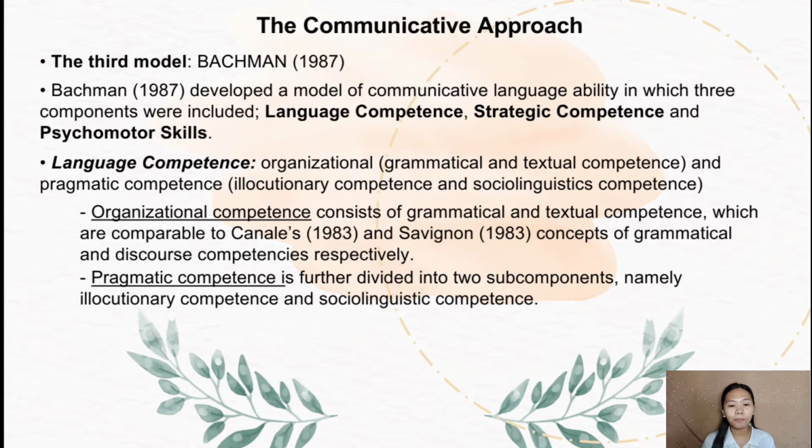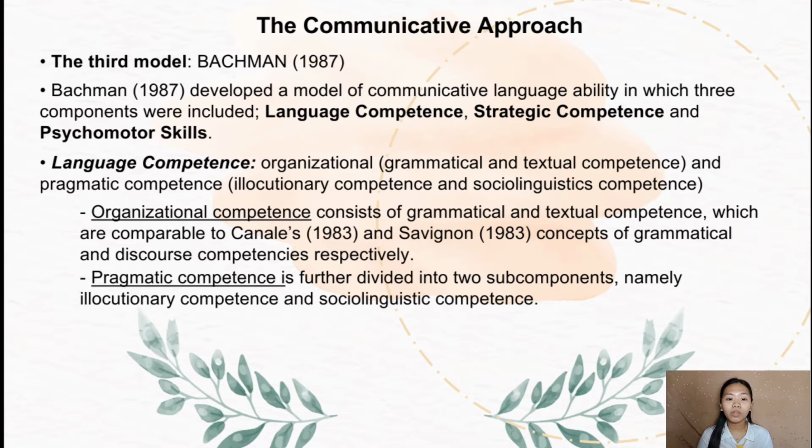The language competence, the first one in this model, is divided into two subcomponents: the organizational and pragmatic competence. But with the organizational, we still have other divisions. We have the grammatical and the textual competence, whereas for pragmatic competence, we can still divide into illocutionary and social-linguistic competence.